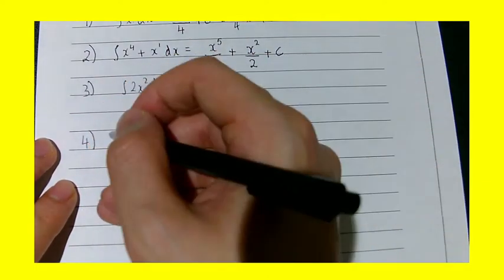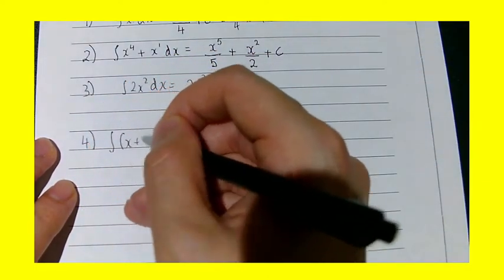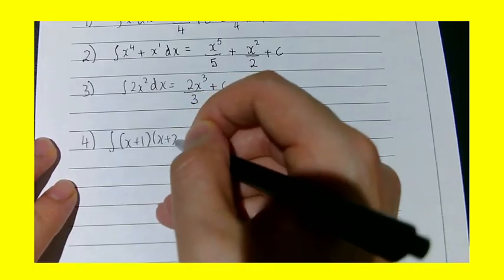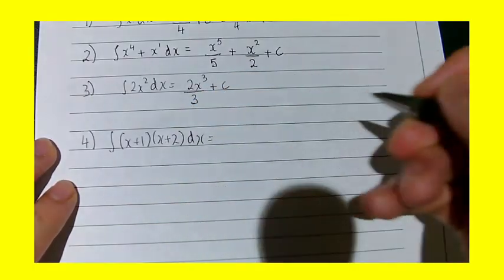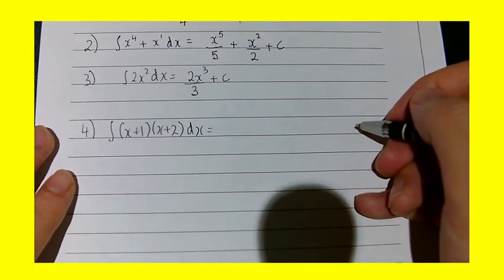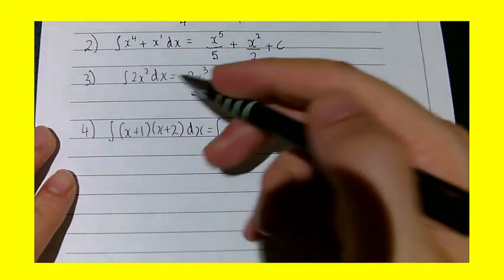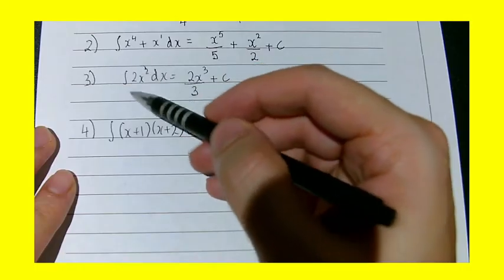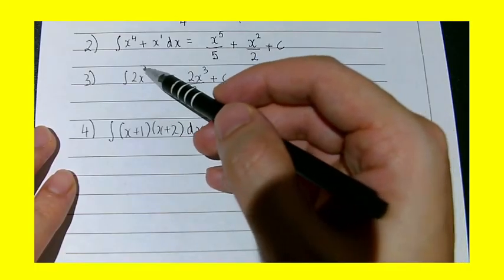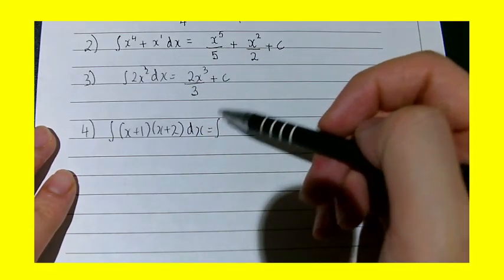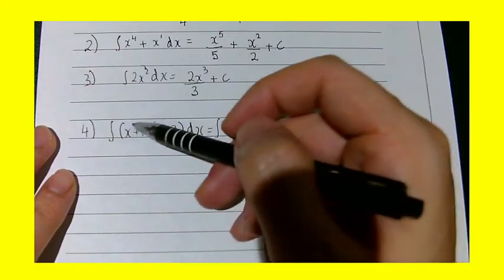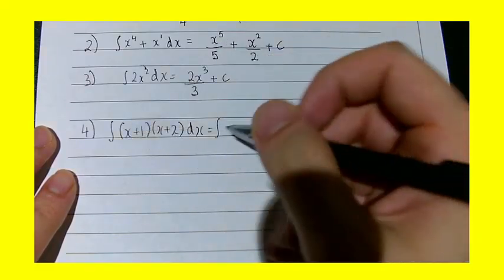And we've got here x plus 1, x plus 2 dx. Now, it's impossible for you to integrate this on its own. You've got to get it into index form. Index form is a really simplified form where you've got the index or the power clearly established. At the moment, this is a double bracket expression. We need to expand the brackets.